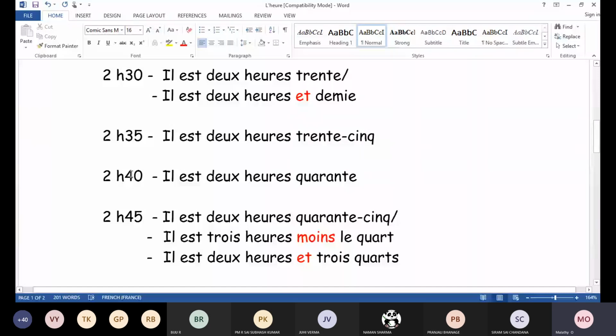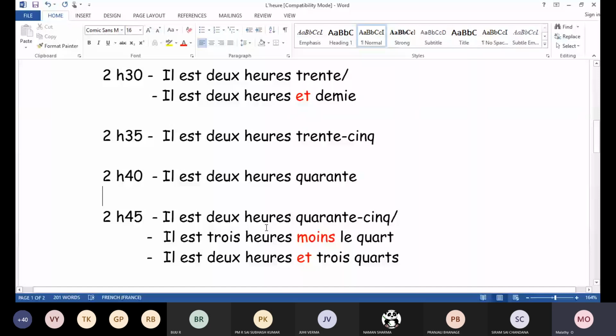So 2:40 also can be written as 3 hours less 20. You don't use the word less for all the timings. It's only for these.